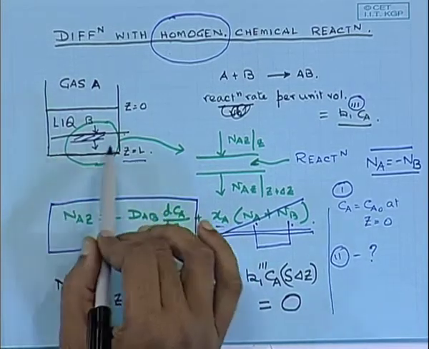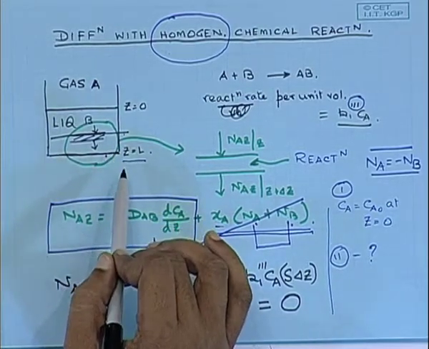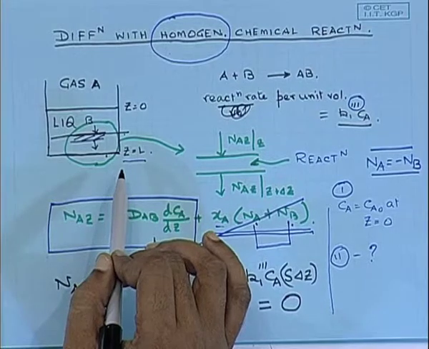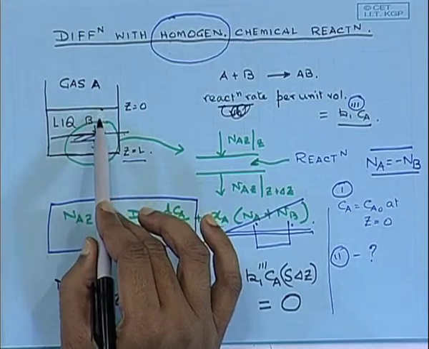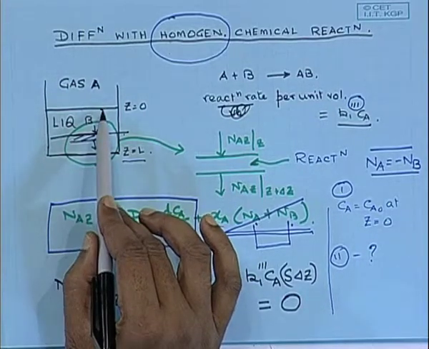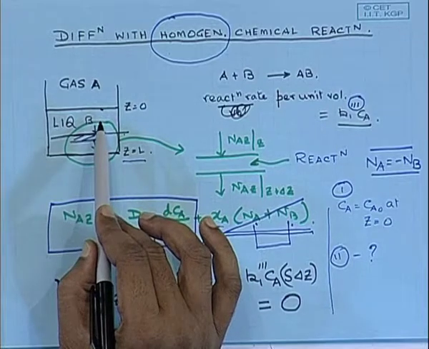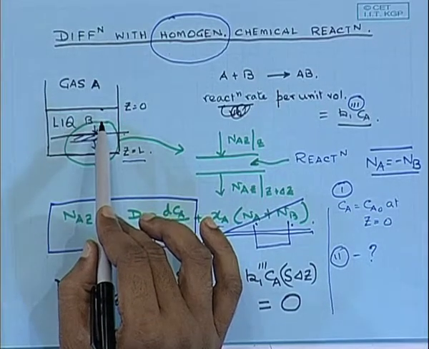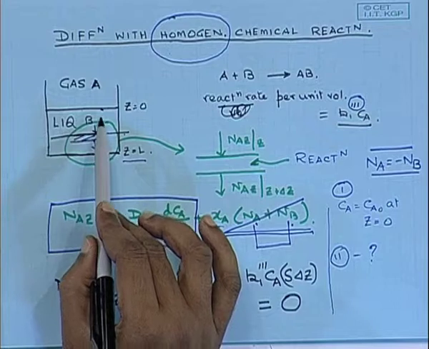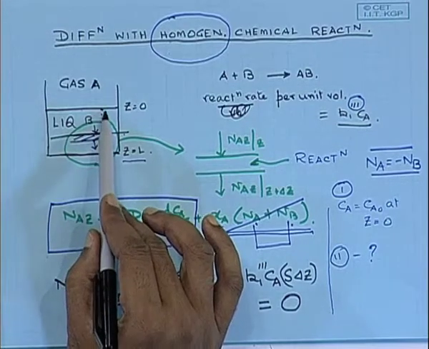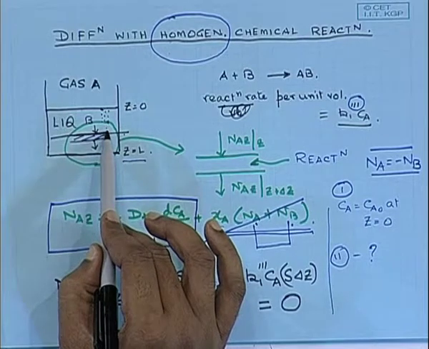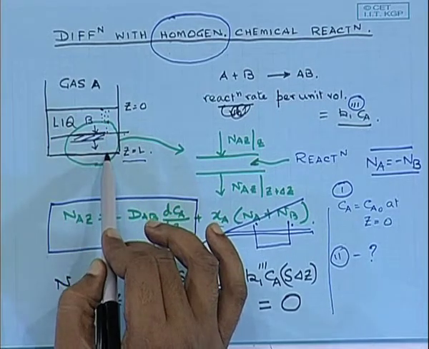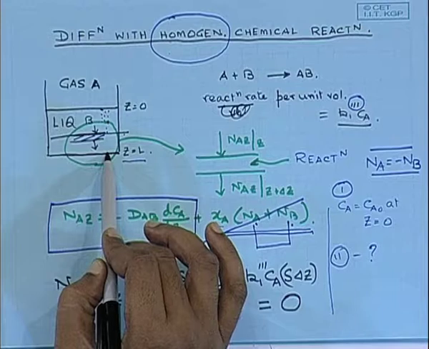So, what can you say about the other boundary condition? Anything else that comes to your mind? Just think about it. A molecules diffusing through B, as it diffuses, it undergoes reaction. The reaction rate is finite, it is not infinite. So, a large number of A molecules will come in this direction, and as it moves, the number of A molecules will decrease, but when it reaches here, there will still be some unreacted A molecules.